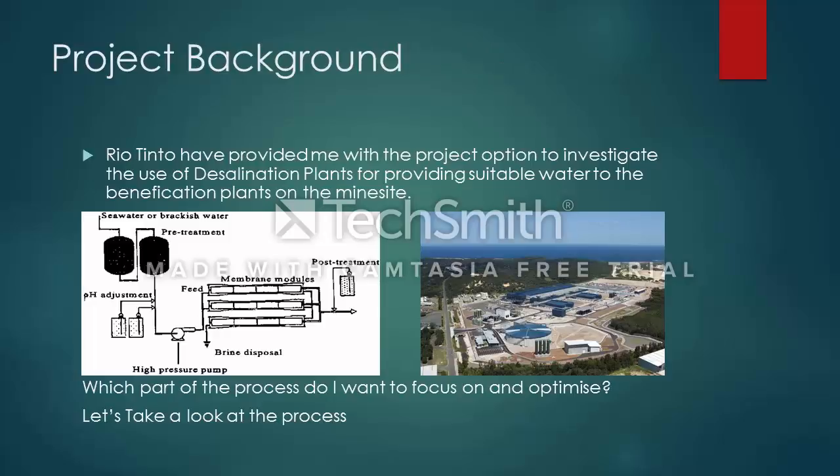Okay, so the idea for this project was given to me by Rio Tinto, who are interested in using the desalination technology to produce water for the purpose of beneficiation plants. There are several industries in Australia which have chosen to use desalination technology for different purposes.